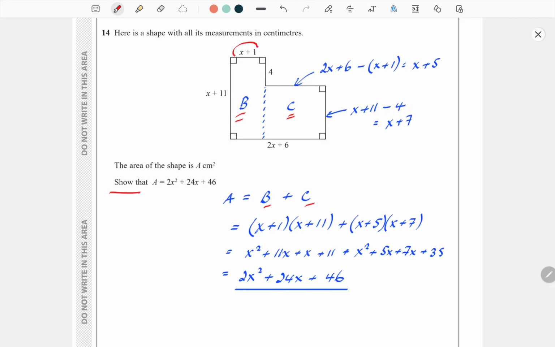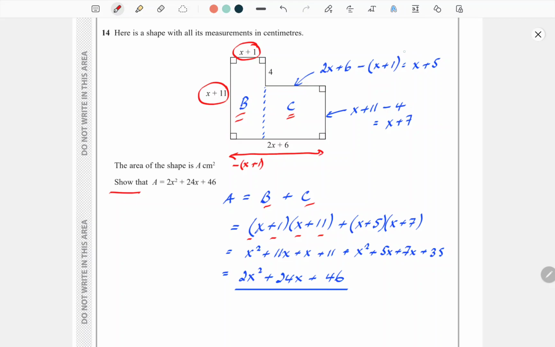B, we can see, is x plus 1 times x plus 11. So that's what we have there. And now the area for C, we need to work out slightly differently. Because the whole length of the bottom is 2x plus 6, we need to minus the width of B, which is x plus 1, from that total.